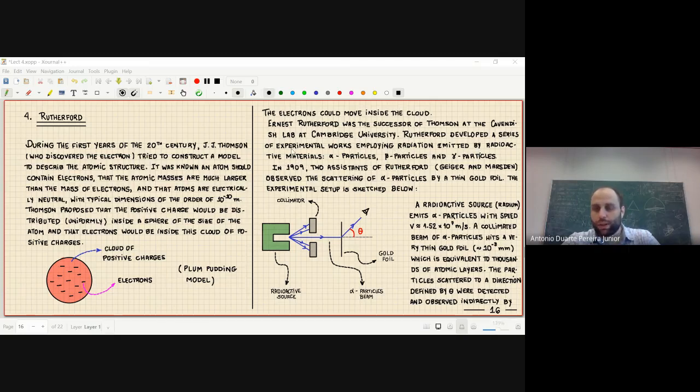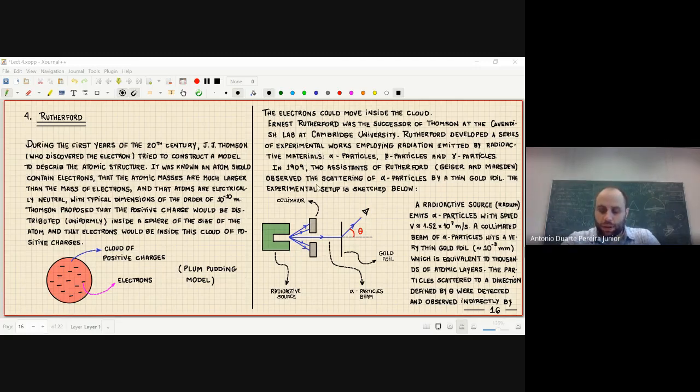So he was sending electromagnetic waves, or you can think of a beam of particles now, if you think of radiation as being composed of photons, against a material. So he had some radioactive source of radiation, and this radiation was directed to some material.